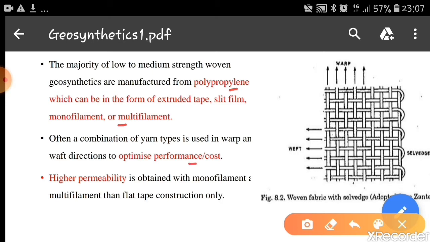Higher permeability is obtained with monofilament than multifilament than flat tape constructions. You can see the diagrams here where this is called warp and this direction is called weft, and you can see the definite yarn patterns here. So these are called woven geotextiles.